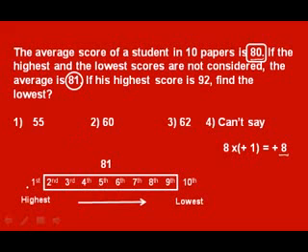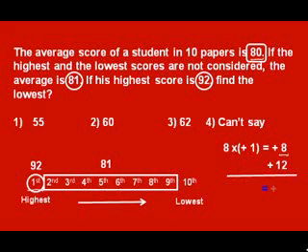Now the highest number is given to us as 92, which would be giving a deviation of 92 minus 80, that is positive 12. Now calculating the total deviation, it comes out to be positive 20.